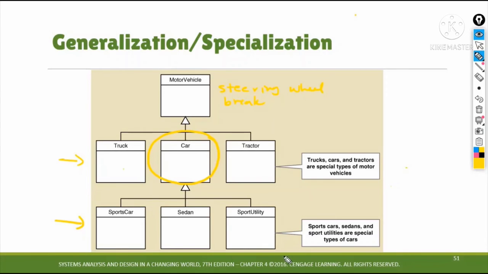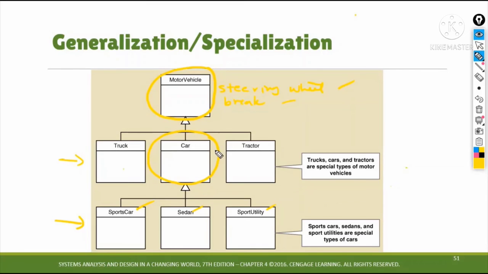But all these subclasses here, the sports cars, sedans, sport utility, will inherit the general attributes of the superclass motor vehicle because these cars also have steering wheel and brake, which is also true of other types of motor vehicle.